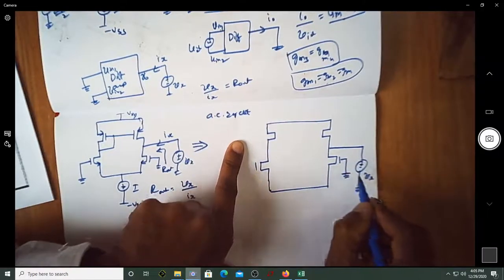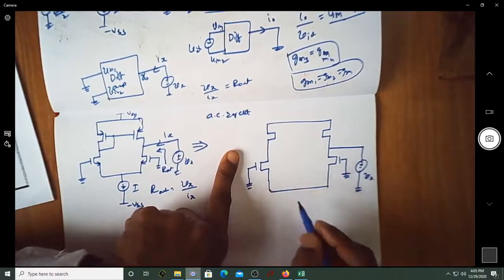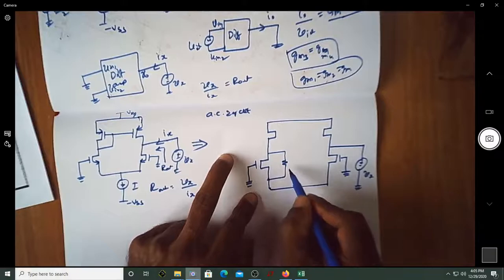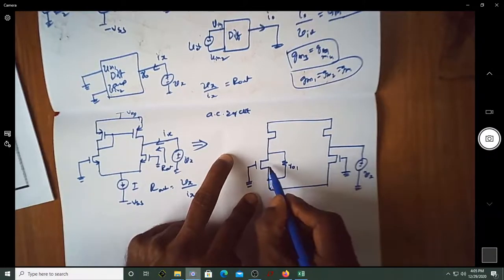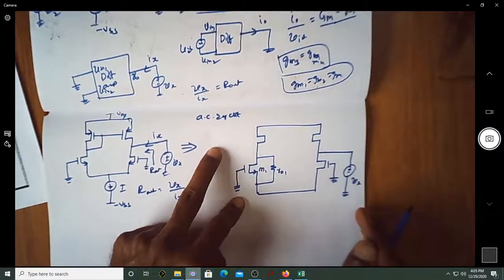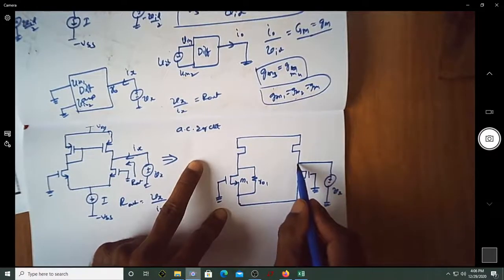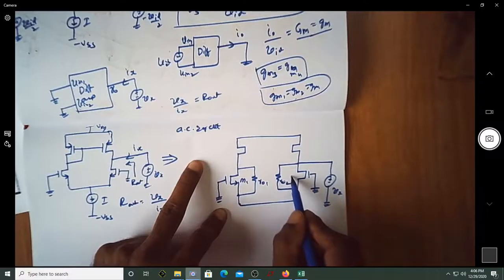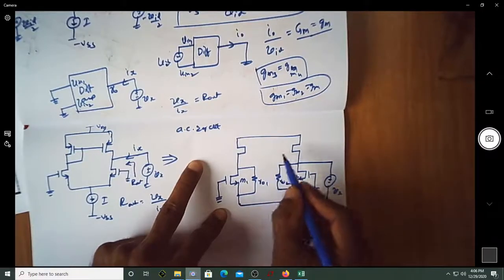Let me ground this, and this also. This is R01 because this is named M1, this is R02, this is M2, again NMOS.